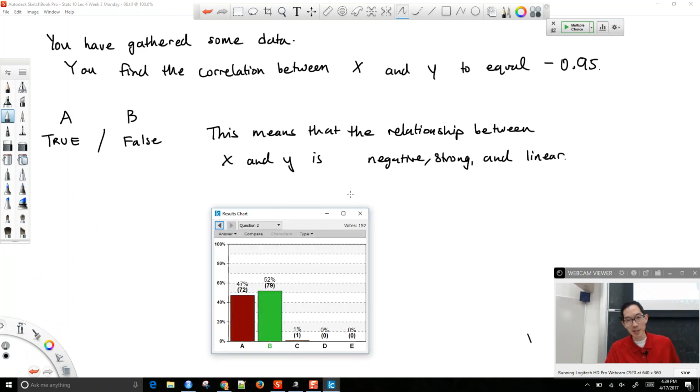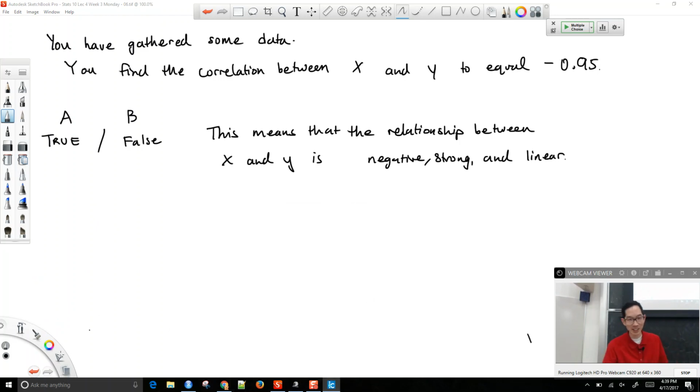The answer is B. It's false. All right. So this part, linear, is not necessarily true. We cannot tell. Correlation by itself will not tell you if it is linear or not. So this is a key thing.